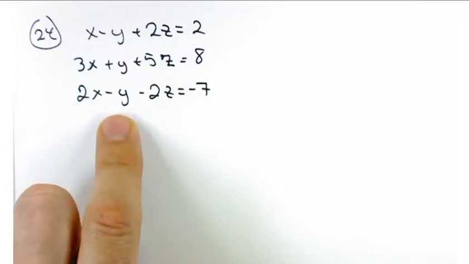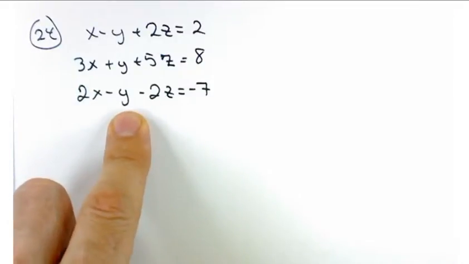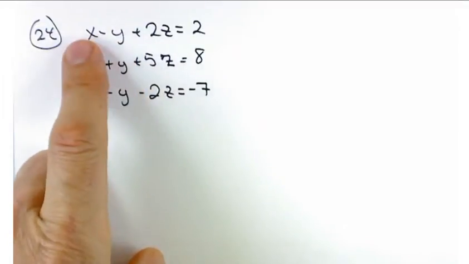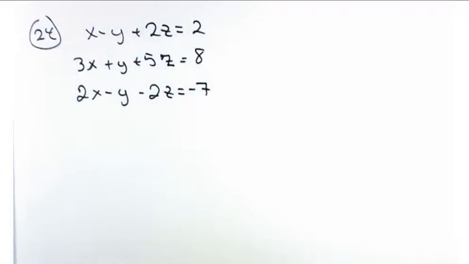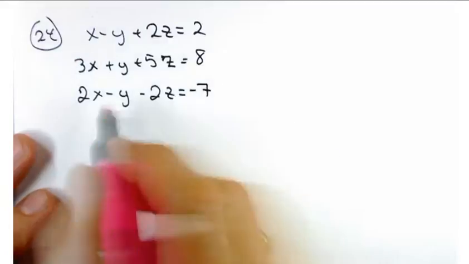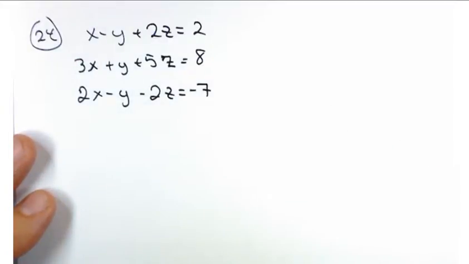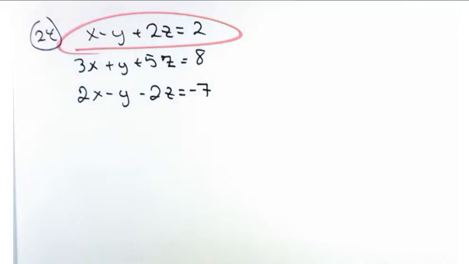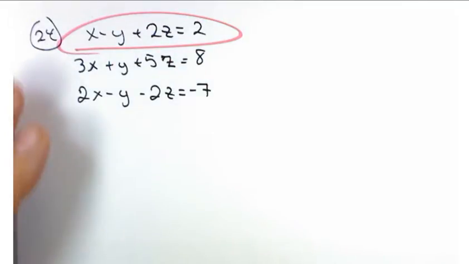So using the y here wouldn't be a bad idea. Or the y here, or the x here. So in my mind, there's 4 good choices. I'll let you pick. What variable and what equation do you want to use? Cancel the y's. Get rid of the y's? Yeah. Using the top equation, the middle equation, or the bottom equation? Top. All right.